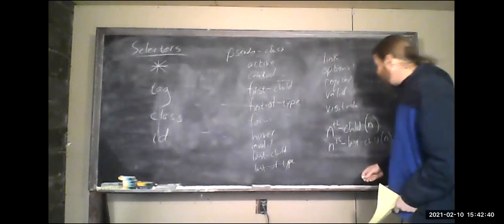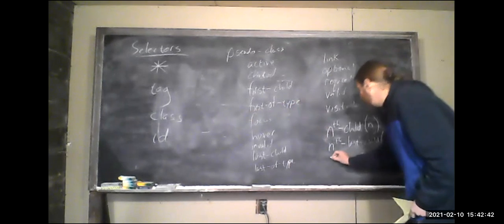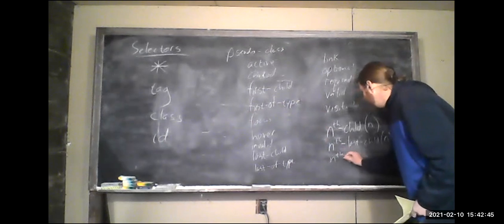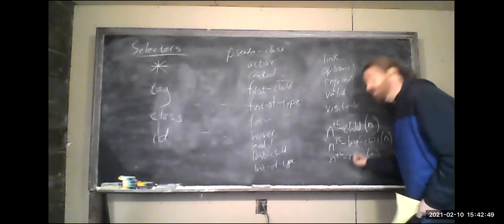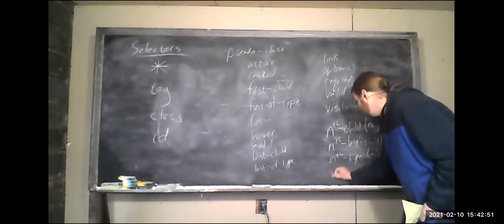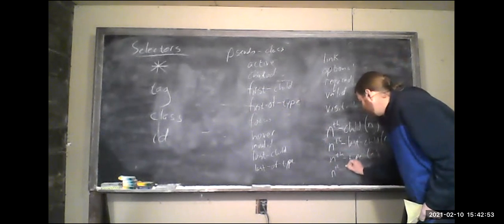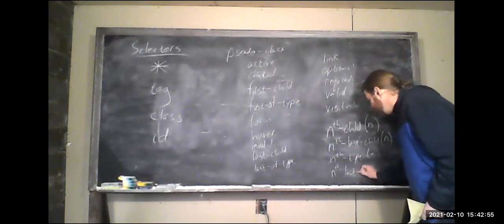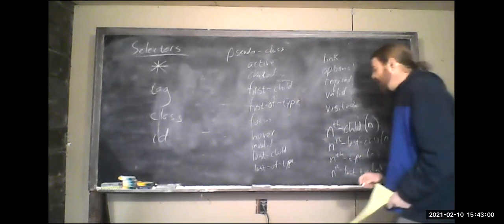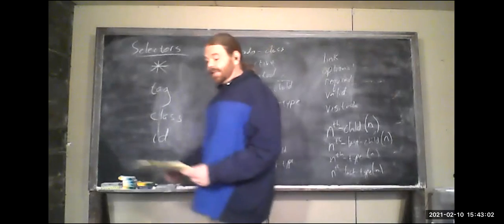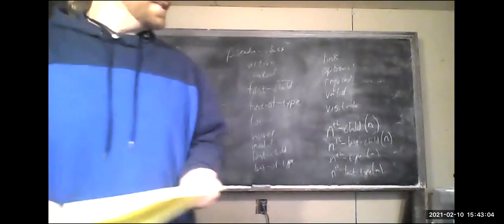And same thing with of type, not just child, like nth of type. And we have to say what number it is in parentheses, or nth last of type to go the other way. It's a sort of long list of these pseudo classes, and that's still not an exhaustive list.